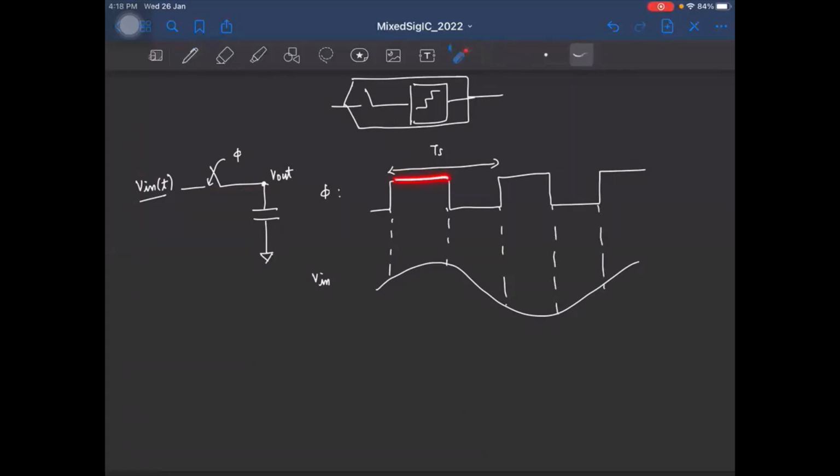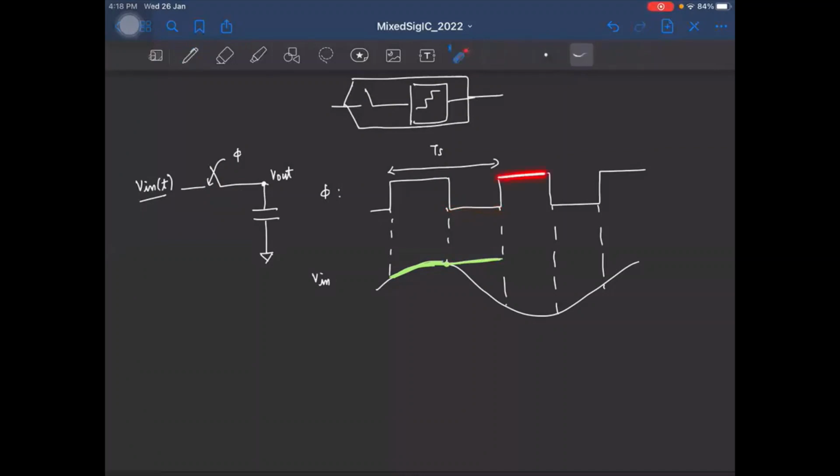So during this phase when the switch is on, the output will simply track the input voltage, right? And at this instant, the switch is turned off. So the capacitor will retain this voltage, right? And it will hold it for the remaining phase, that is during this phase.